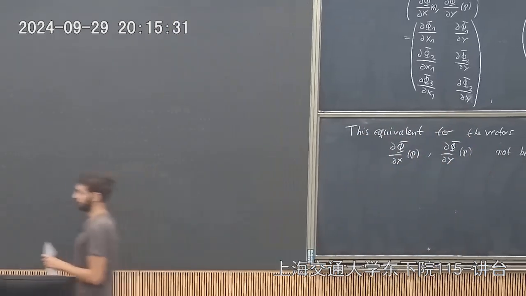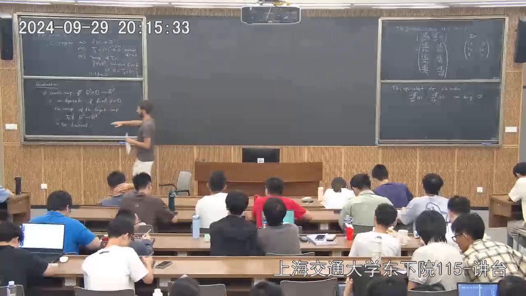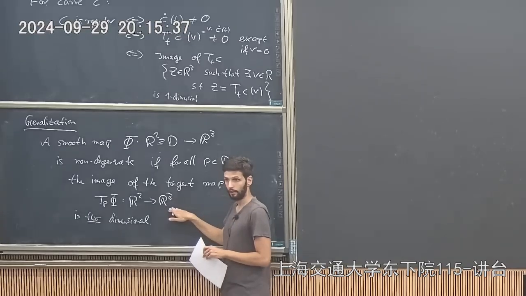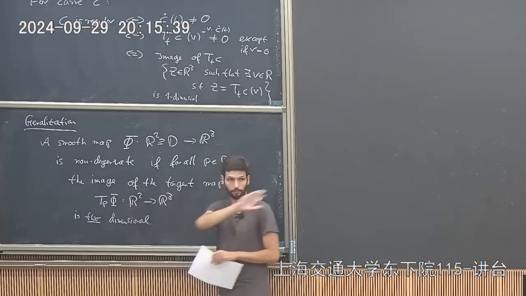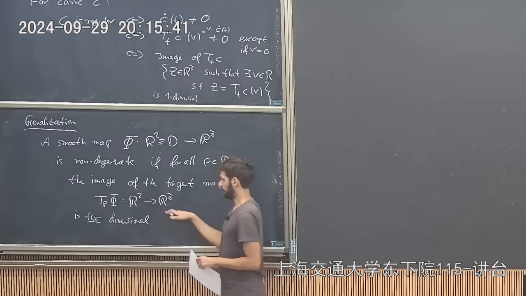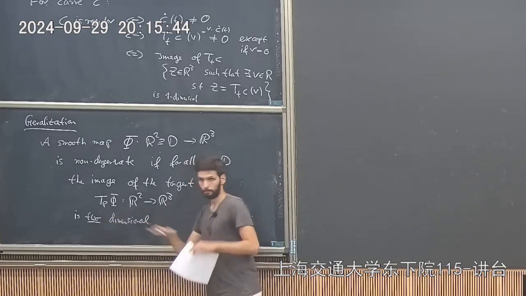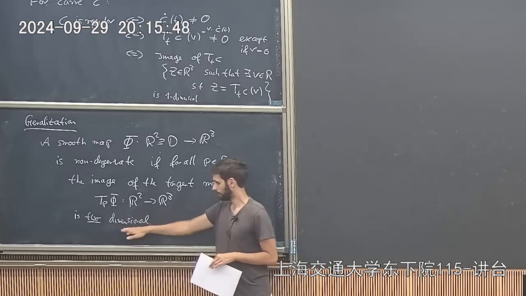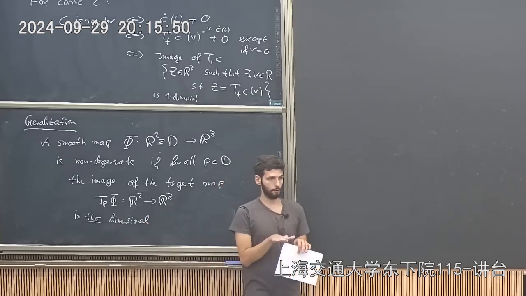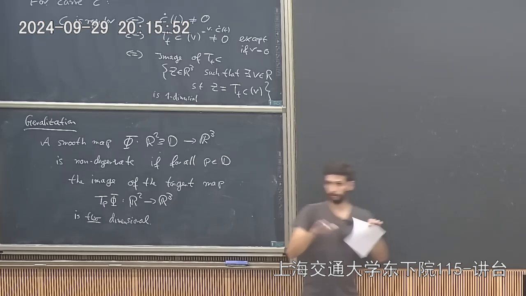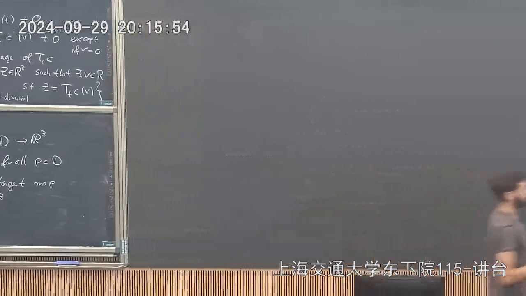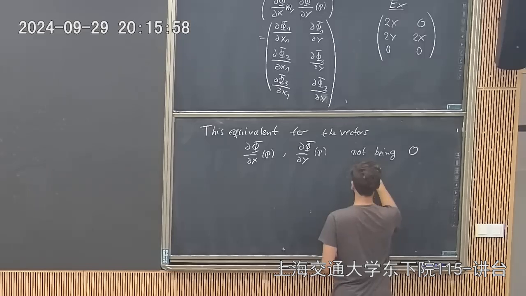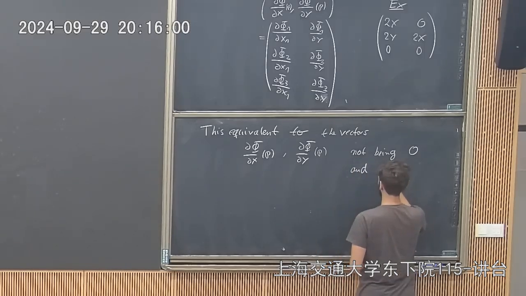If they were not zero, then at least one of them is not zero. That means the image would be one-dimensional at least. It would be zero-dimensional if these two vectors were zero. It's one-dimensional if these vectors are not zero, but we want it actually to be two-dimensional. So both of these vectors are not allowed to be zero, and they are also not allowed to be a pair anyway.